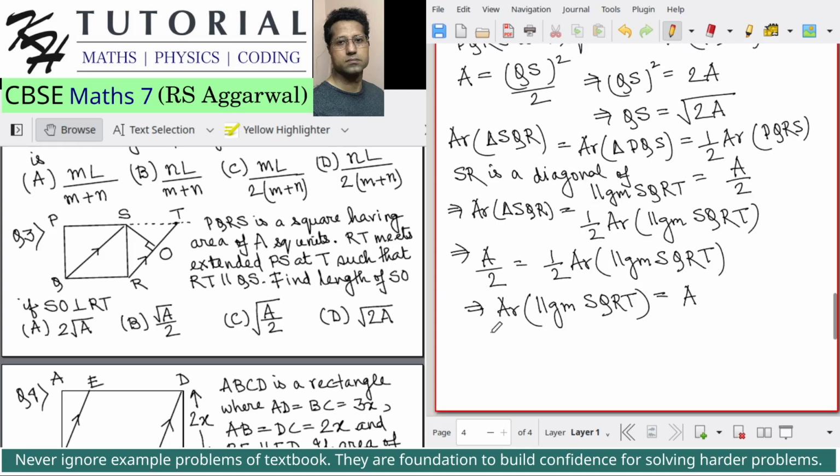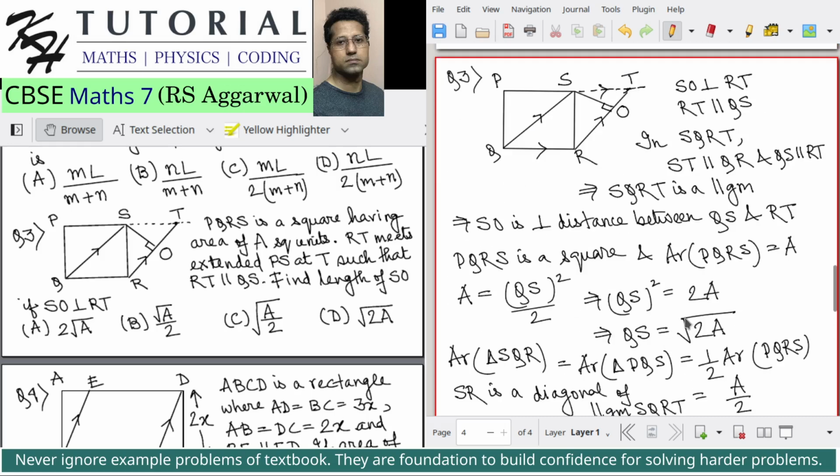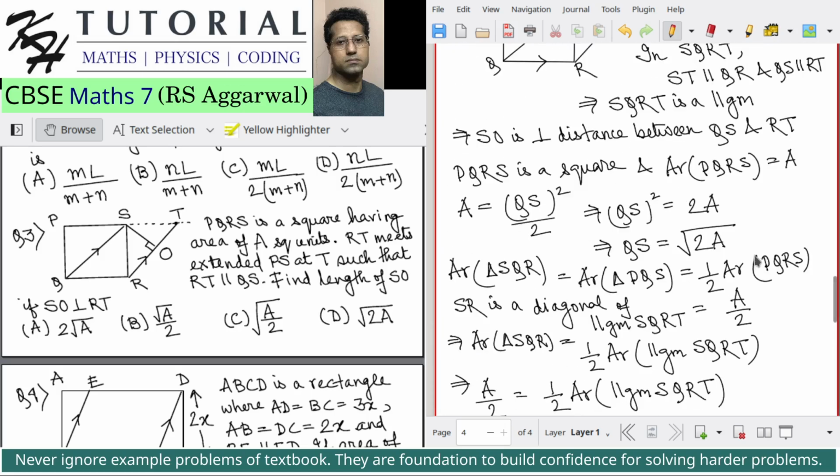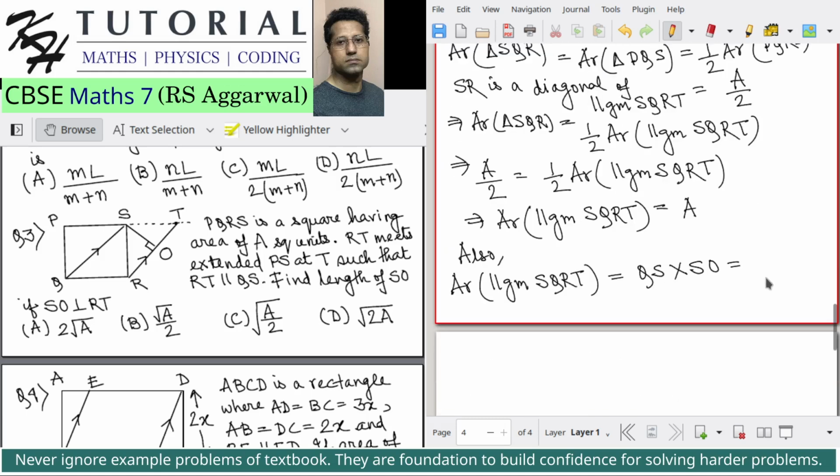Also we know that the area of parallelogram SQRT, using the formula base into height, will be equal to QS multiplied by SO. QS was square root of 2A, so this is square root of 2A multiplied by SO.